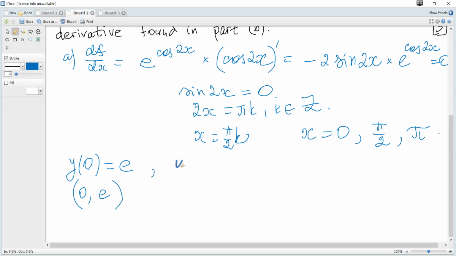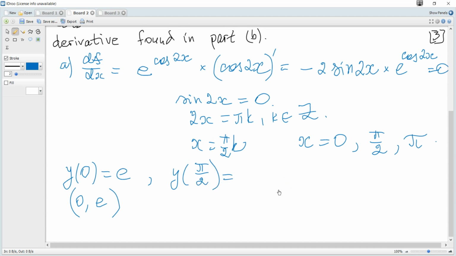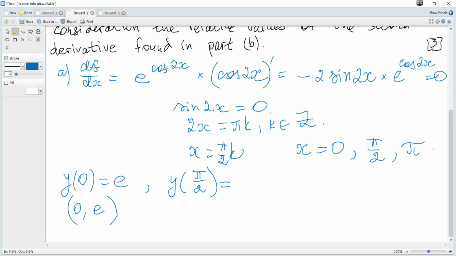The second point, when x is pi over 2, y becomes what? E to the power of cosine of pi, which is negative 1, so it becomes e to the negative 1, or 1 over e. So the second point is pi over 2, 1 over e.